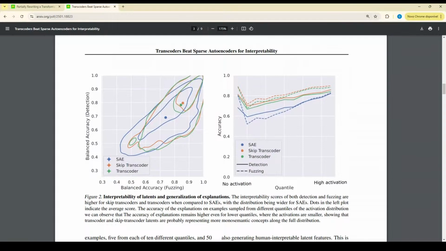Fuzzing is like the harder, or maybe not, version of detection, where you again take the explanation for the latent, and you give the model a list of sentences where some of the tokens are highlighted. We just put angle brackets around those tokens, and then we ask the model if these highlighted tokens should be active or not. Fuzzing is like a simpler version than simulation.